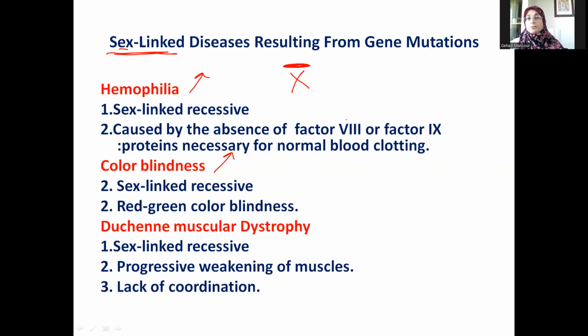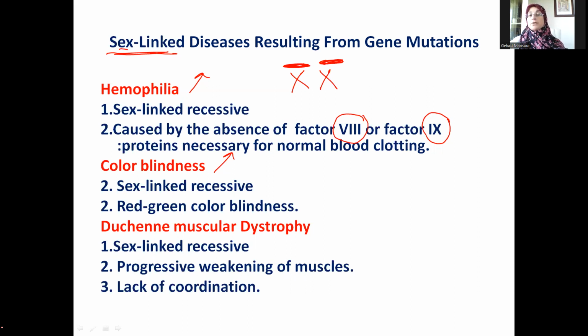And in hemophilia, of course, if a female, for example, has both recessive mutant genes for hemophilia, if it is hemophilia A, then she will have a defective factor 8. If it is hemophilia B, she will have a defective factor 9, and both factor 8 and factor 9 are important for blood clotting.